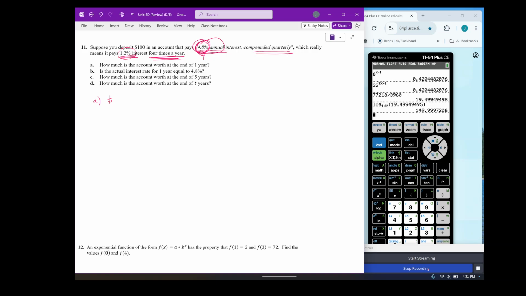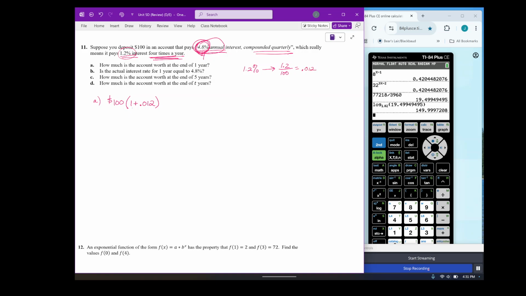Well, you deposited $100 and it gets 1.2% interest. So here's the 100% plus the 1.2% interest. Remember, to turn 1.2% into a decimal, you just take the 1.2 and divide it by 100, which is 0.012.